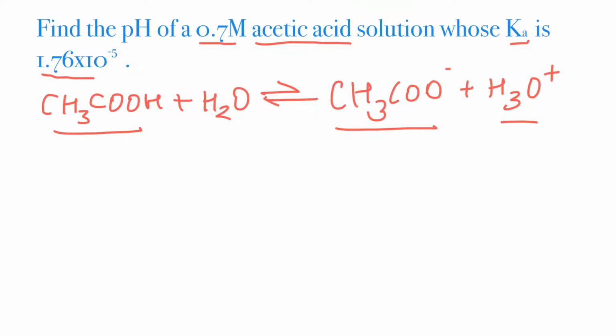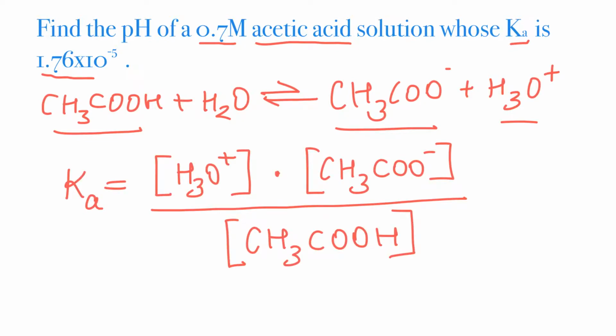Go ahead and pause the video and hopefully you will get the same answer as I did. The equation I got was Ka equals concentration of the hydronium ion times the concentration of the acetate ion divided by the concentration of the undissociated acetic acid.